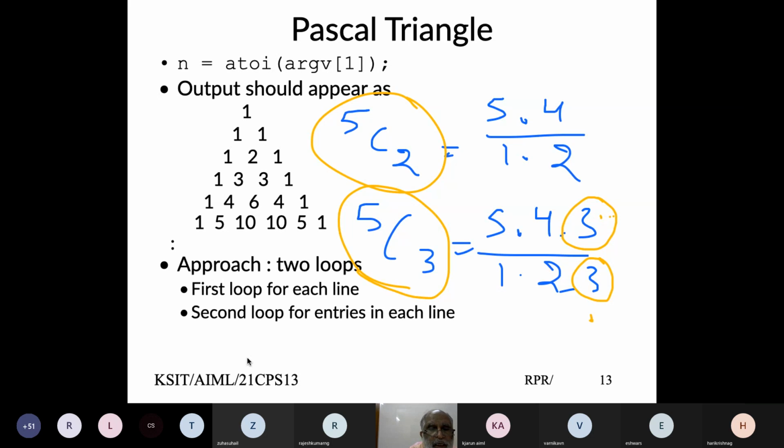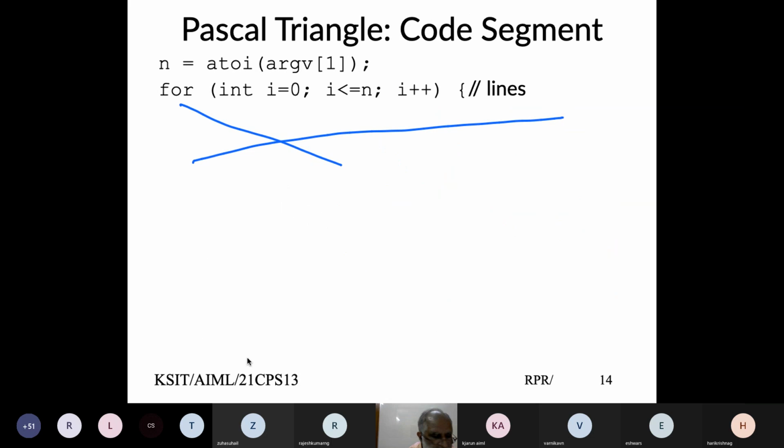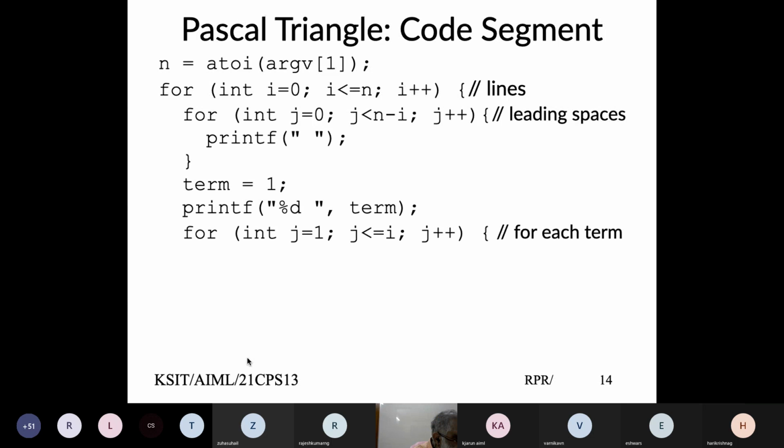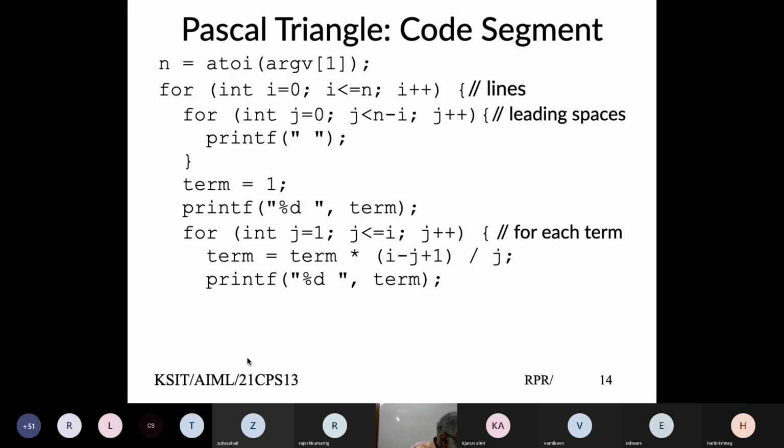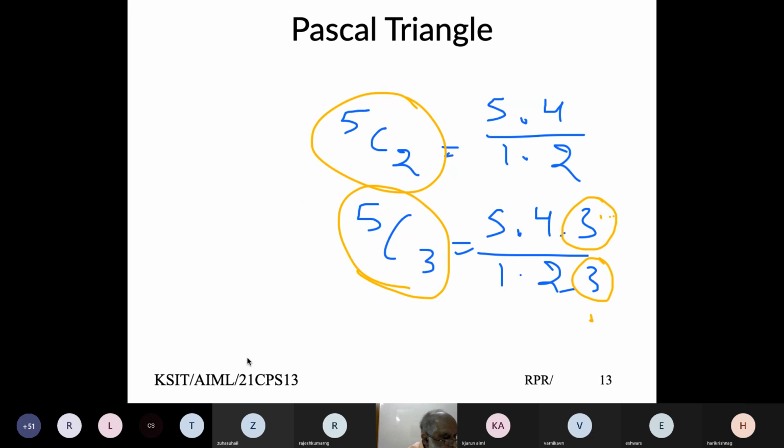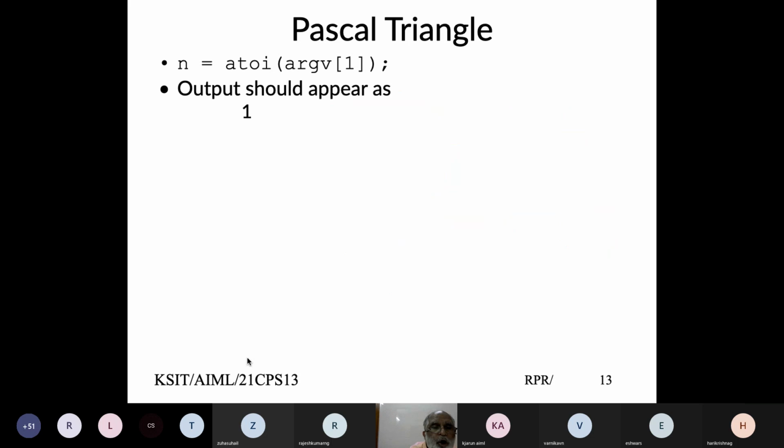And that's precisely what I'm doing in my second loop. I'm multiplying by the extra numerator term and dividing by the extra denominator term, and that gives me the answer. Now, what I'm trying to do in this display is make the output appear as a triangle, so that everything is visible separately.